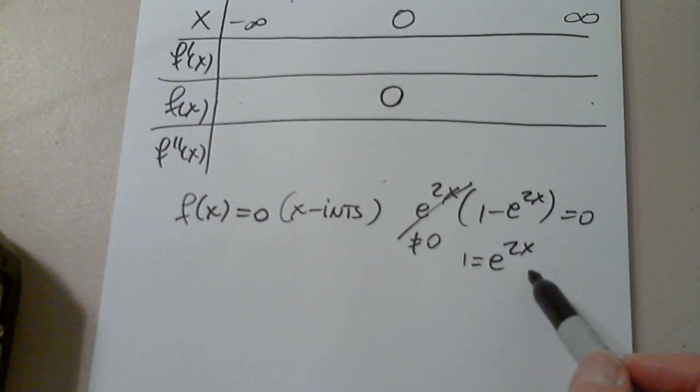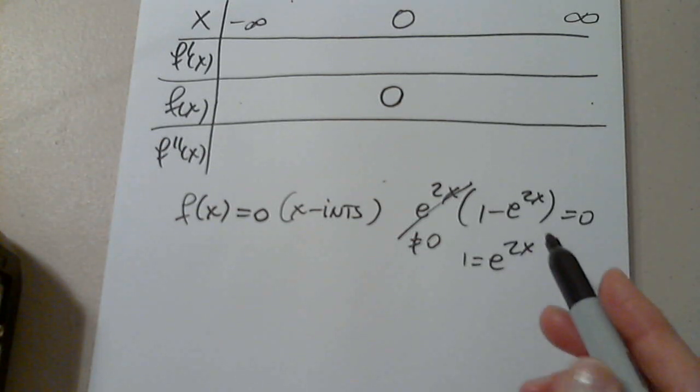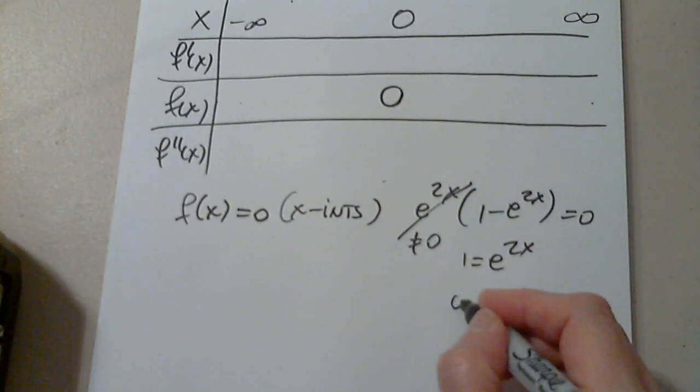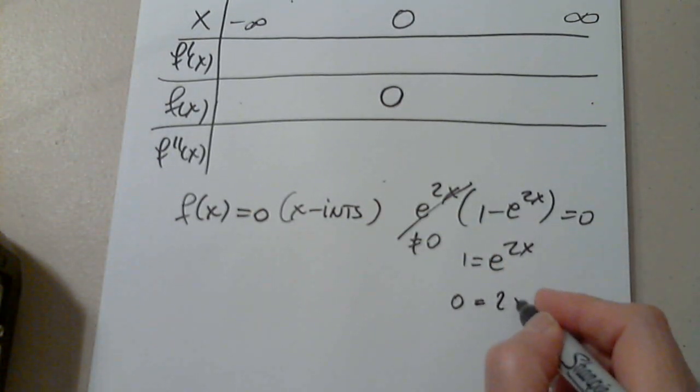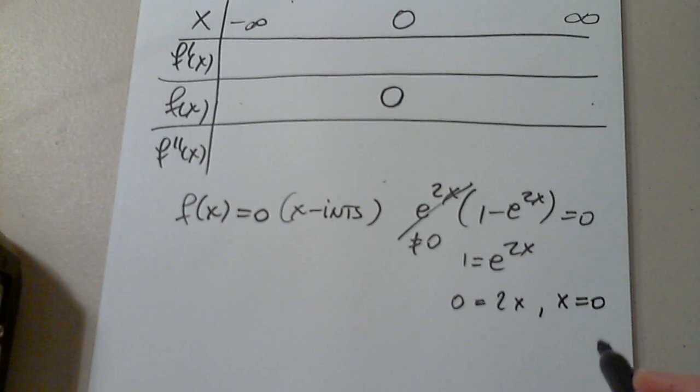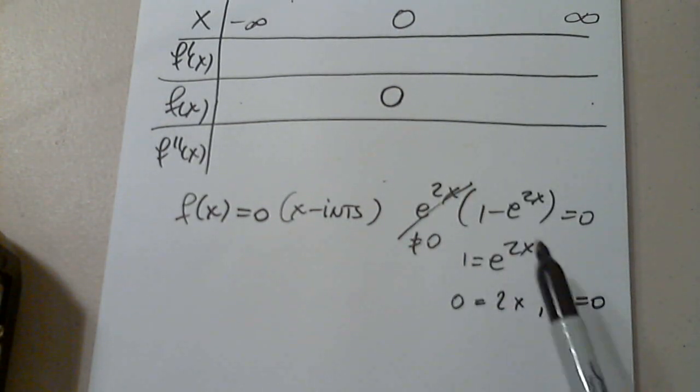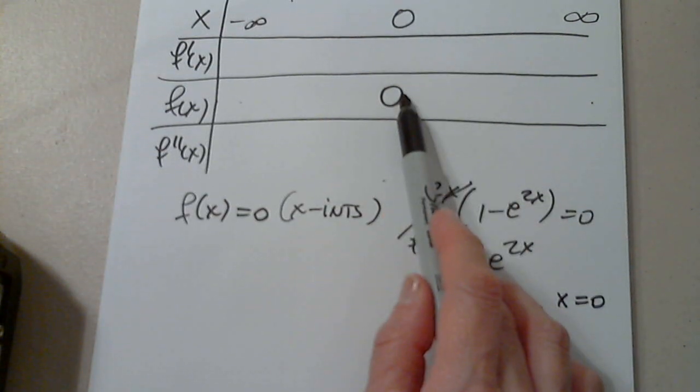And what can happen here is just x equals 0. Or you can apply natural log to both sides. Natural log of 1 is 0, and this is 2x. So x is 0. So again, I already have it. There is nothing else in there. This is already in there.